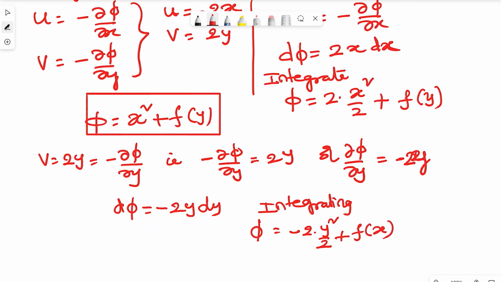So phi is equal to minus y square plus function of x.